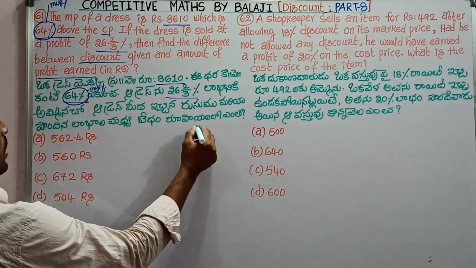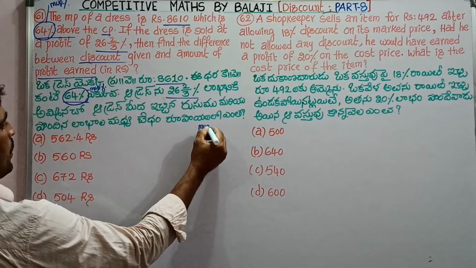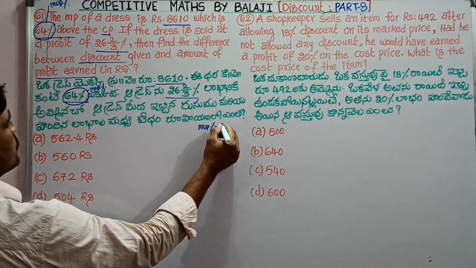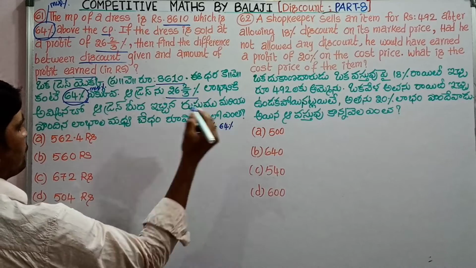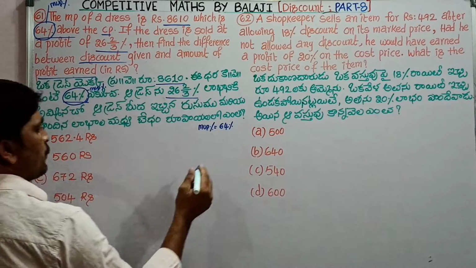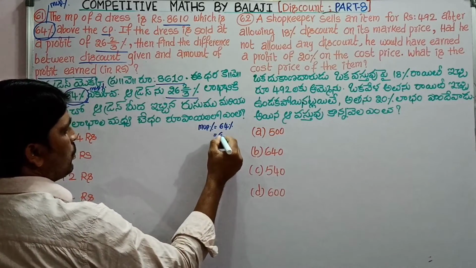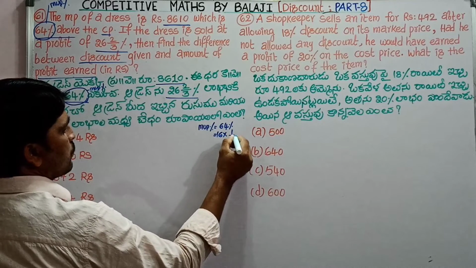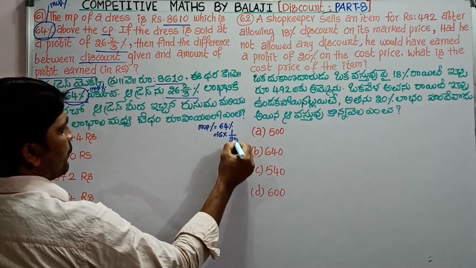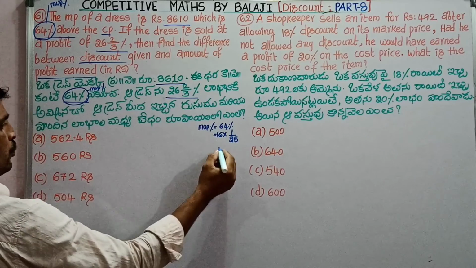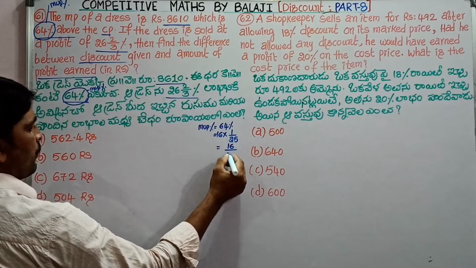Since the markup percentage is 64%, that is 16 into 4%, that is 16/25.